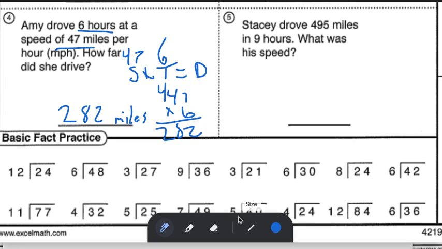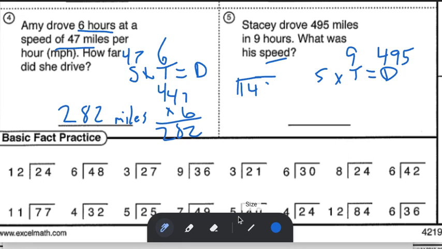All right, you should have already done number 5 before you watch me do this. Stacy drove 495 miles in 9 hours. What was his speed? So you do S times T equals D. Do we know the speed? No, because it asks us for the speed. Do we know the time? 9 hours. And 495 miles. How am I going to figure out that first number? I'm going to have to do a division problem, because the opposite of multiplication is division.